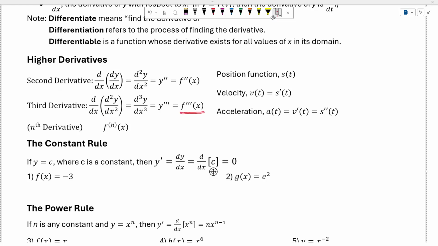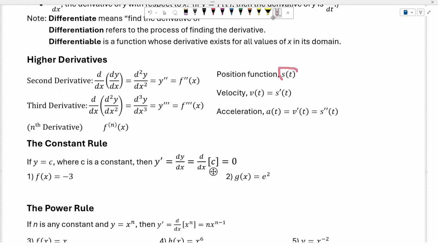Now if we want a higher derivative, for example the nth derivative, then we are not using the prime notation anymore. Instead, we use the superscript: f superscript, in parentheses, n, of x. Then back to speed and acceleration.